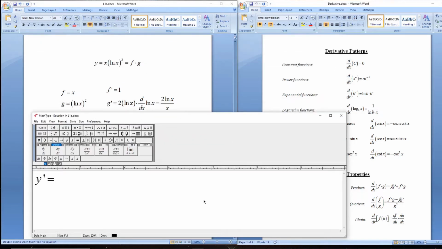We're going to do f times g prime, plus f prime, which is 1, times g.